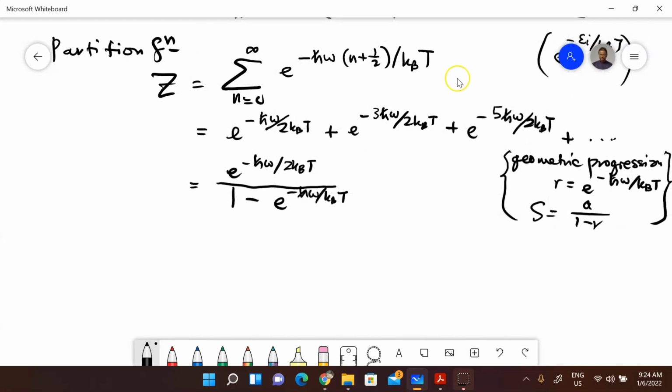So before we move to look at the free energy and so on and so forth, let's look at the two different extremes. Okay, the first extreme is for high temperatures. So this is given by the following.